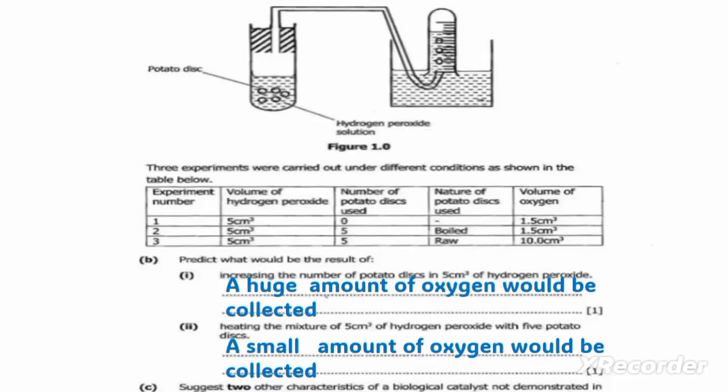So we have seen that, according to the experiment setup and according to the questions asked, they have talked about the effects of temperature on enzyme and the effect of concentration of enzymes, or the features, or the characteristics.